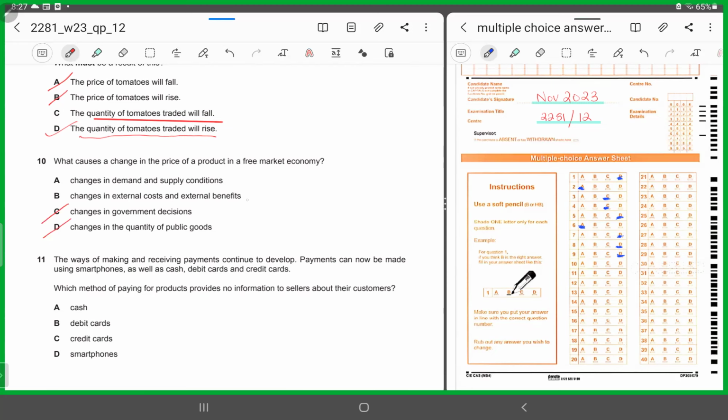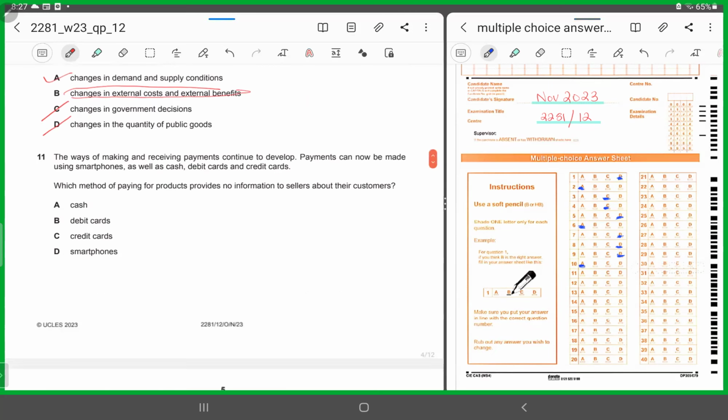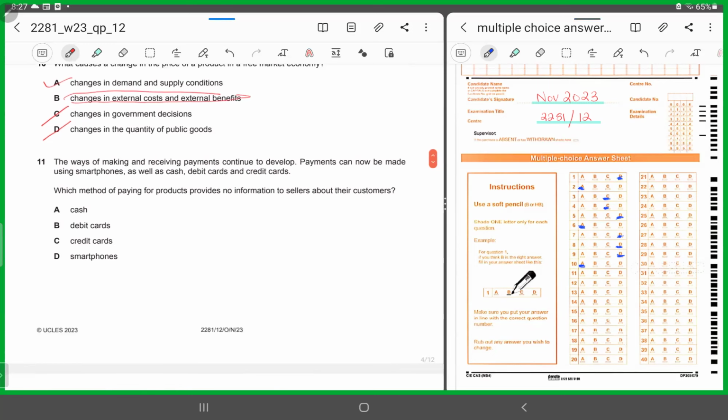External costs and external benefits cannot be. Why? Because externalities were a drawback of the free market economy. Remember, externalities, negative externalities, changes in demand and supply conditions, consumer sovereignty, price mechanism. Price mechanism is how resources are allocated in a free market economy. We look at what the consumer is demanding.